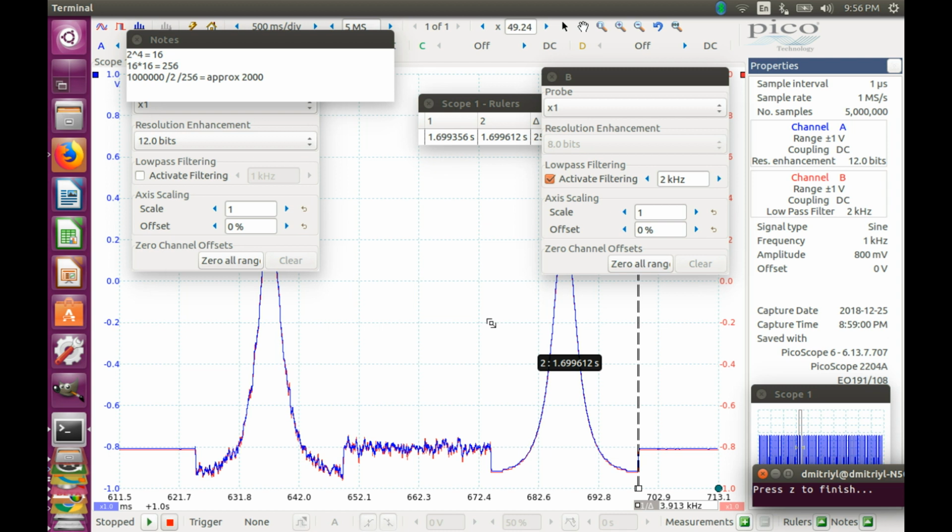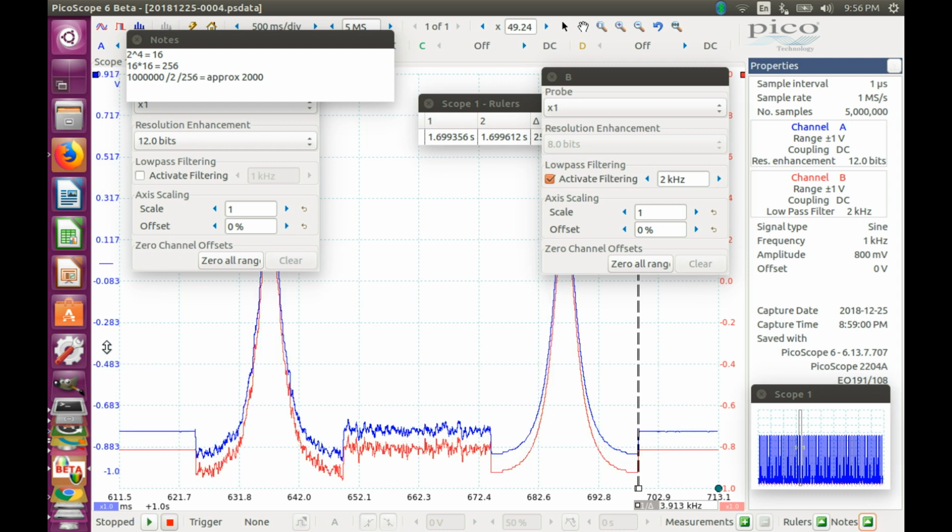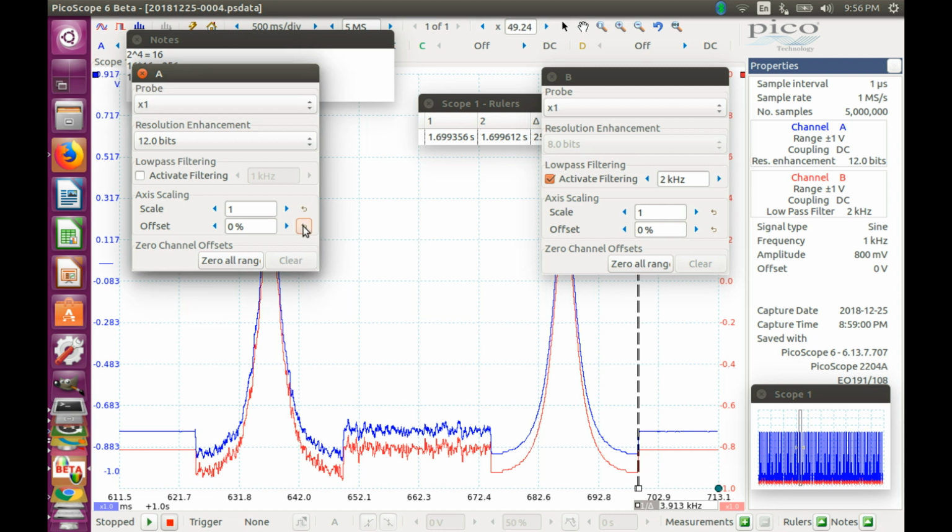Let's see if we matched our waveforms. So let me move one of the waveforms a little bit up, and we'll see how closely they resemble each other. Let's reset the offset.